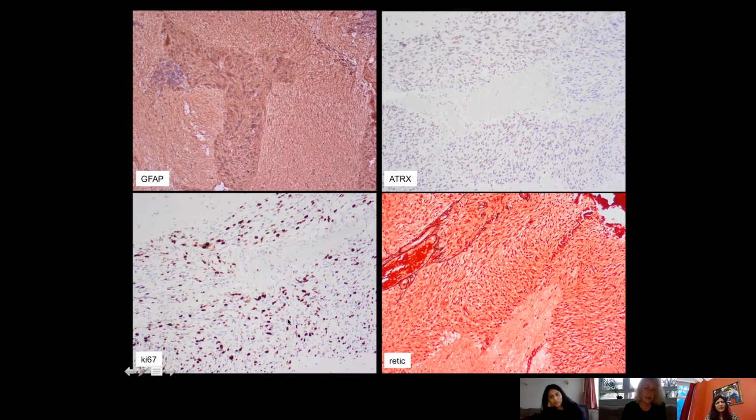The Ki67 is high. And there is no deposition of reticulin between tumor cells. In this case, it was to rule out a possible gliosarcoma type of glial tumor, since the relatively demarcated tumor and the very spindle morphology were in the differential diagnosis.